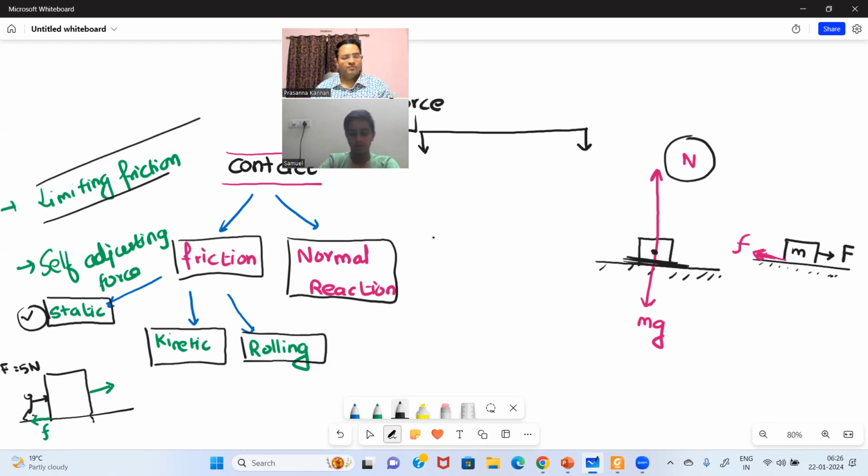Now, it is not a self-adjusting force. Kinetic friction is not a self-adjusting force. Kinetic friction is a standard, fixed value. It depends on something called the coefficient of friction, and obviously the weight of the body. Greater the weight of the body, greater is going to be the friction.